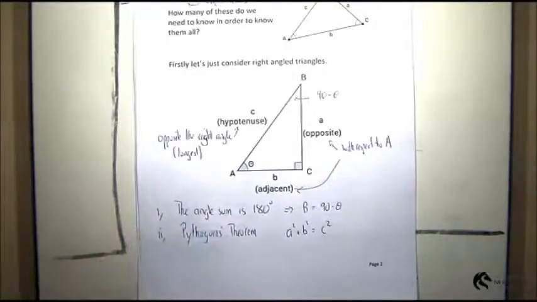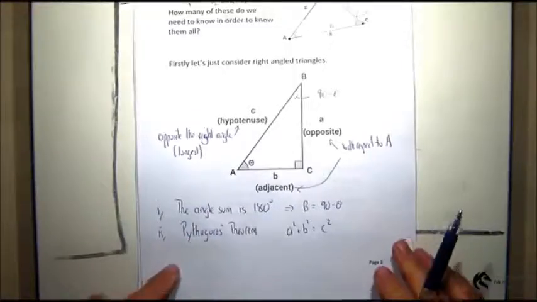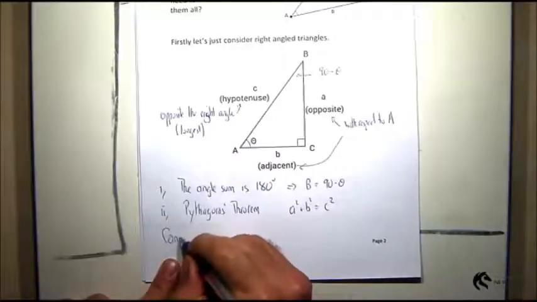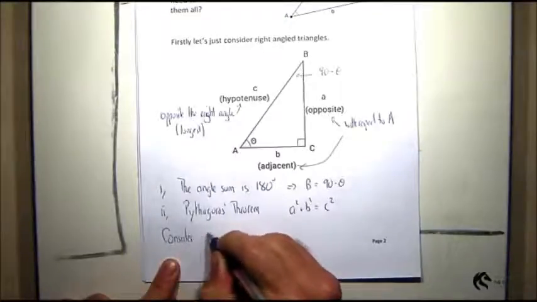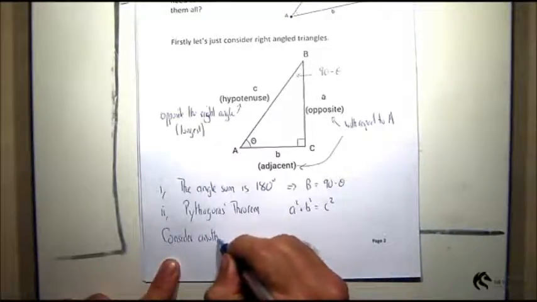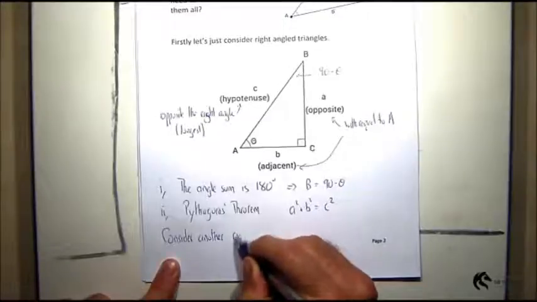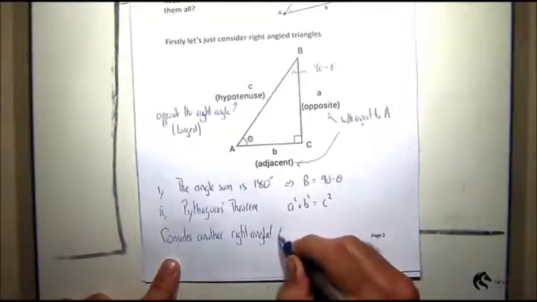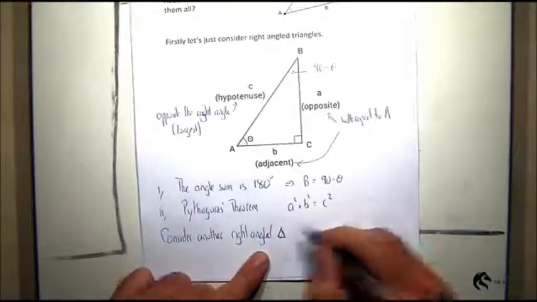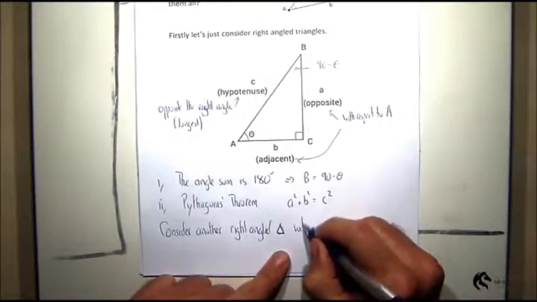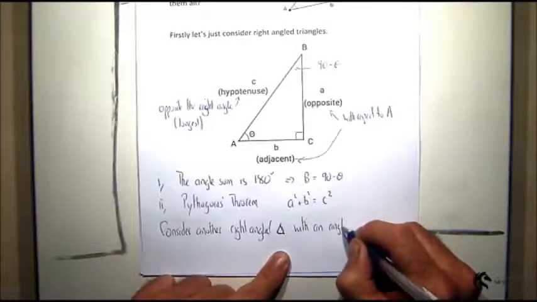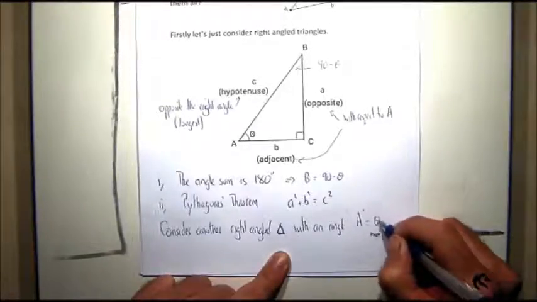So let's draw another right-angled triangle, with an angle A dash equal to theta.